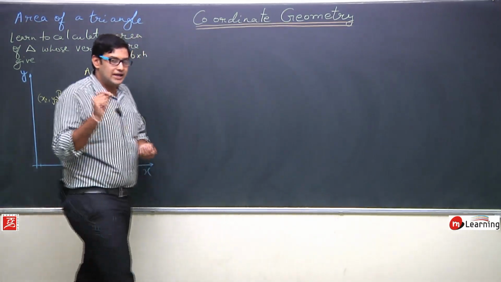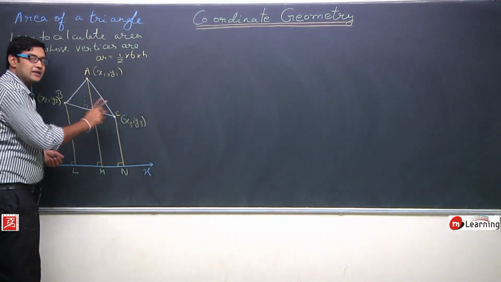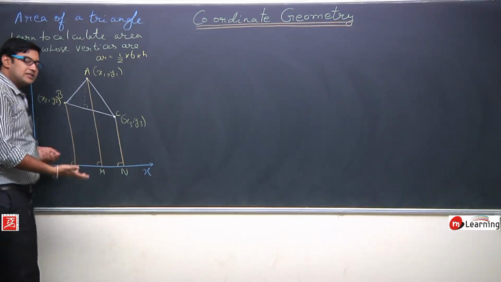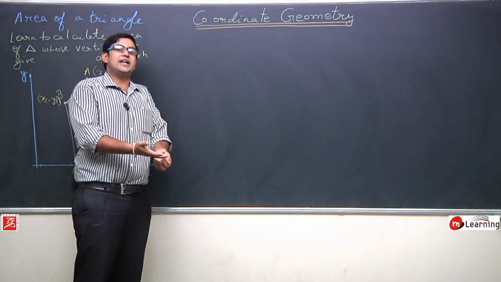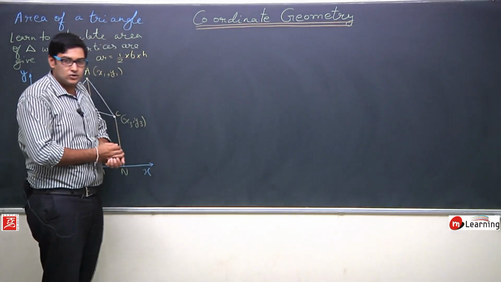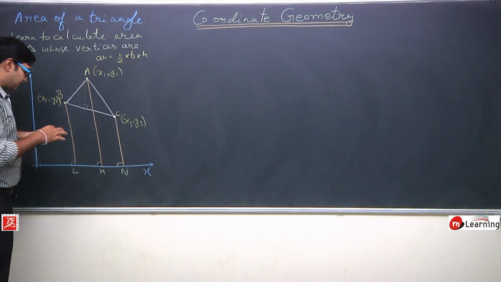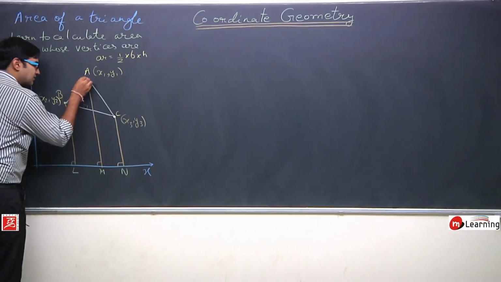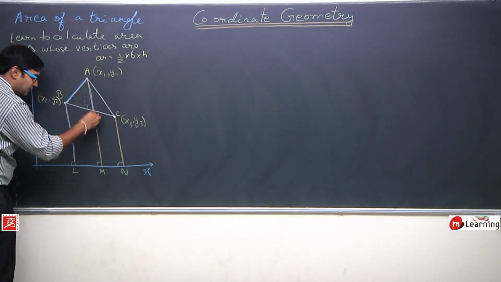Now my aim, my target is to calculate the area of this triangle ABC, और क्योंकि हम इस एरिया को डायरेक्टली कैलकुलेट नहीं कर सकते, इसीलिए हम एक इनडायरेक्ट मेथड से इसका एरिया निकालने की कोशिश करते हैं. अगर हम इस फिगर को बड़े ध्यान से देखें तो इस फिगर में हमें एक खास फिगर दिखाई दे रहा है, and that figure is this one.